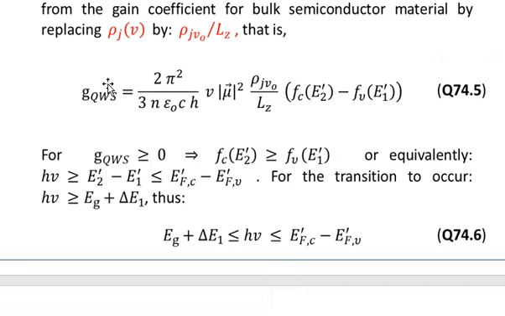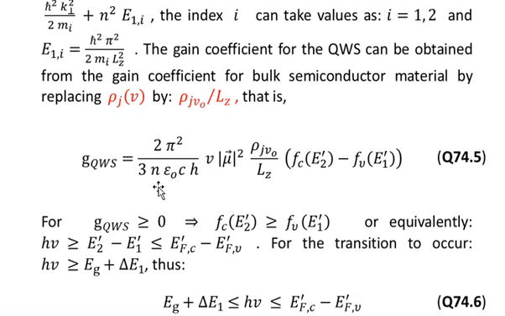So putting that value over here, we can write 2 pi square over 3 n epsilon naught ch, multiplied by nu in the numerator, multiplied by the absolute square of mu in the numerator, and then multiplied by rho j of nu naught over Lz, and then of course we have changed the order because of the negative sign we have multiplied. So we have FC of E2 prime minus FV of E1 prime.